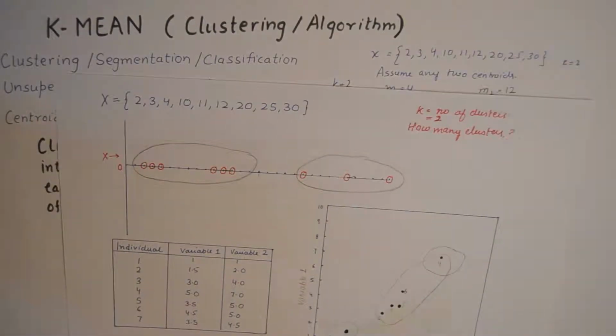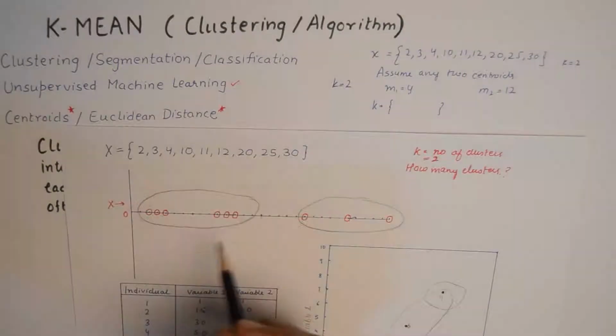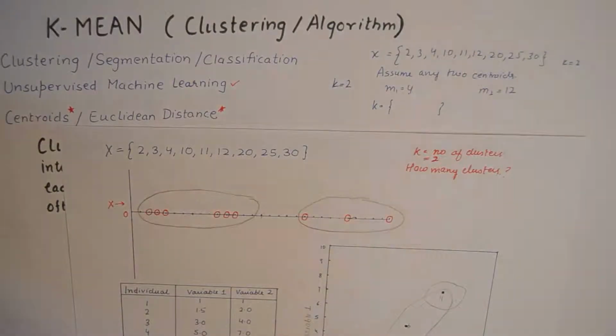So let's look at this simple scenario of one axis first in this video, and I'll take up the second numerical in the next video, and in the third video I'll be illustrating k-means algorithm using some animations which will make things even more interesting and clearer.